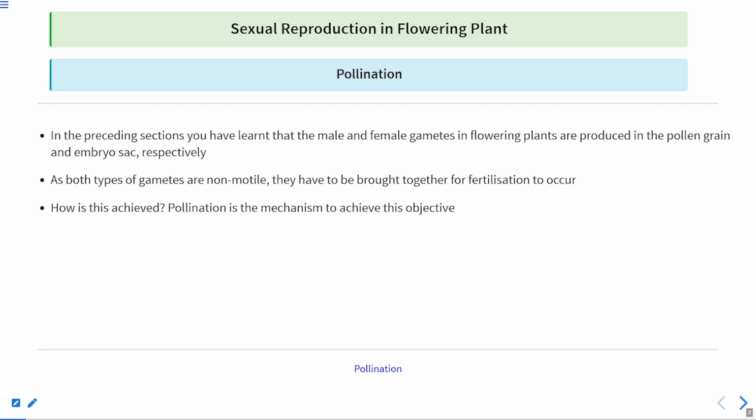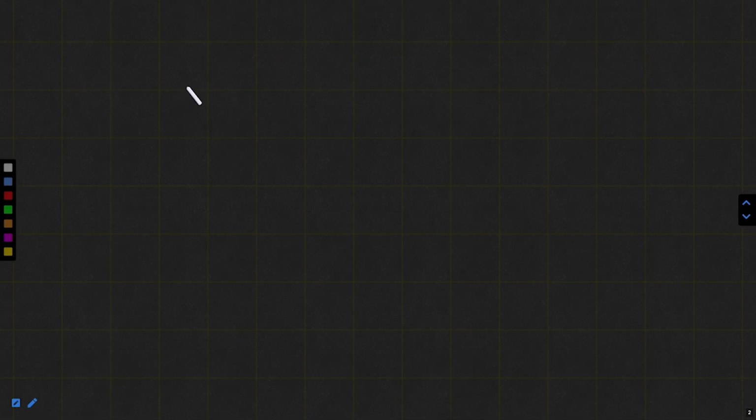What is pollination? Pollination is the transfer of the male gametes from the anthers to the stigma. Okay, so we know that the stamens represent the male reproductive part.